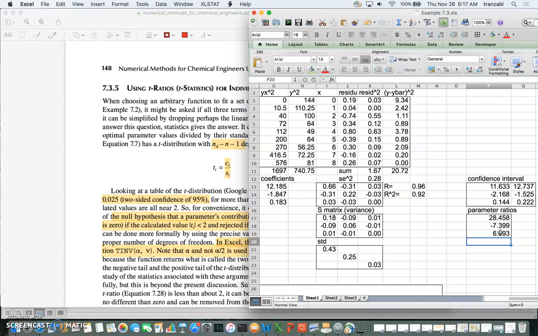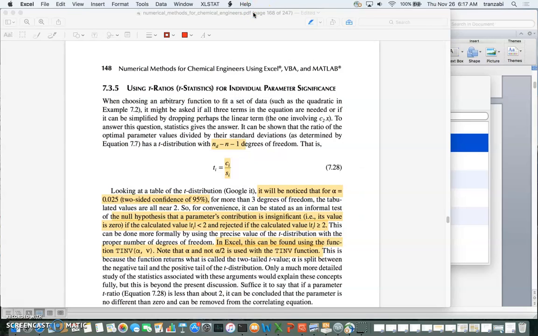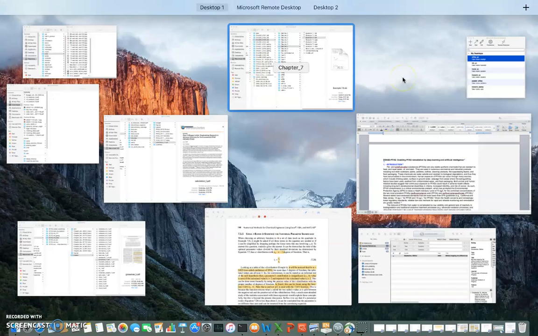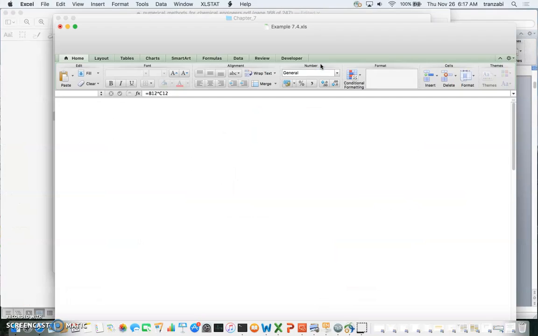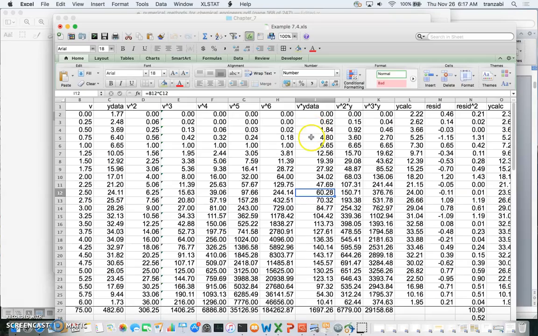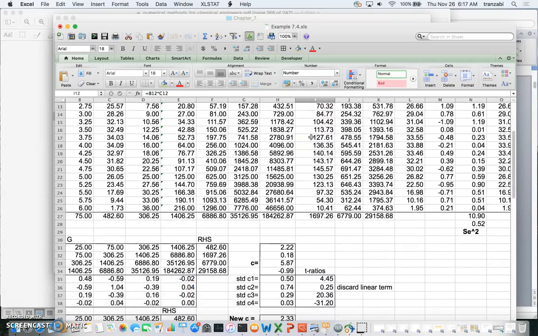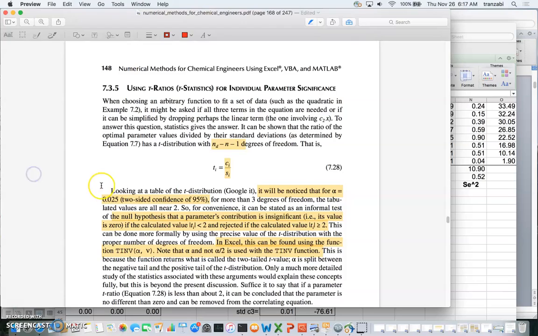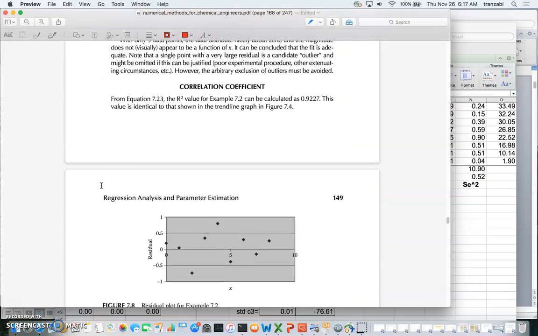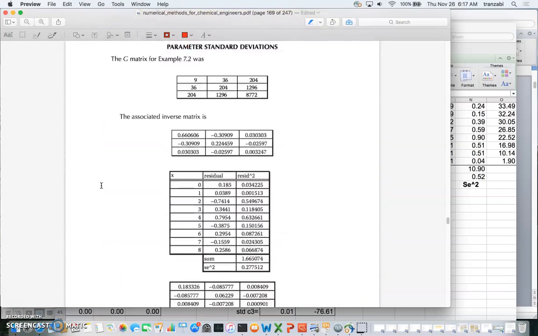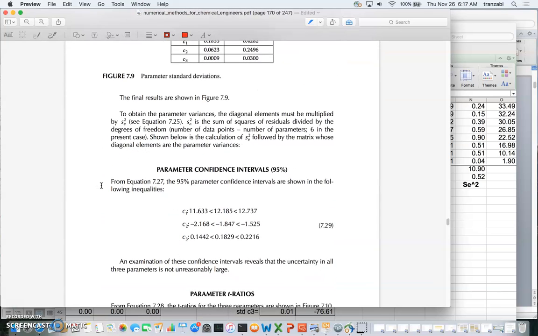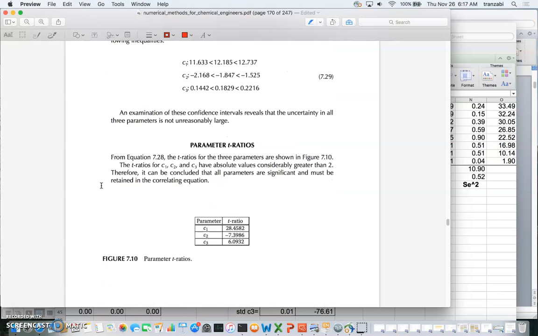The question is, what if I started with a cubic model? So let's look at example 7.4 from the textbook. This one deals with the cubic model. In other words, let's say someone didn't know that quadratic is the best and started with the cubic model. Okay?